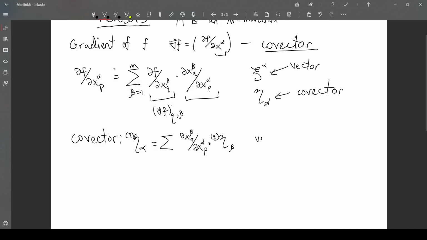But for a vector, remember it was different. This is on P, a sum where instead the derivative was flipped.